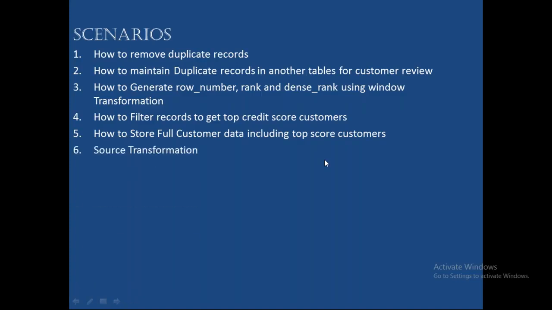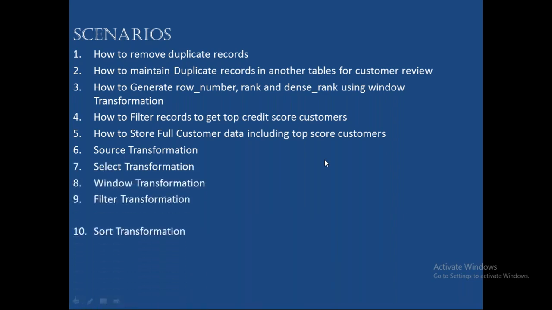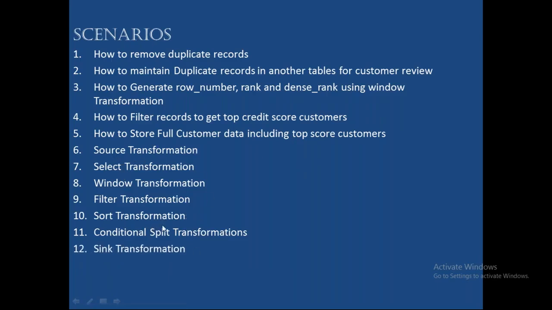Next, what all things will we use today? Source transformation, select transformation, window transformation, filter transformation, sort transformation, conditional split transformation, and sink transformation. These are the transformations that we are going to use in today's session. Each transformation can be used for multiple purposes, right?